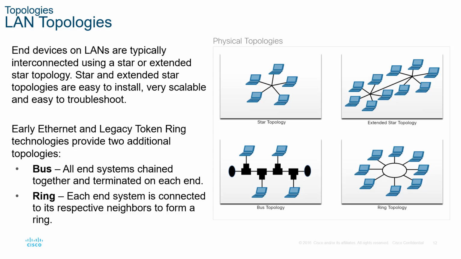A ring being a giant circle, and again, each device taking its own turn. A star is one of the unique ones where everything is connected to a centralized device, like a switch. Stars are going to be the most common, or a star variation is going to be the most common. So now that we understand the topology, we can start looking at the communication flow on a medium.